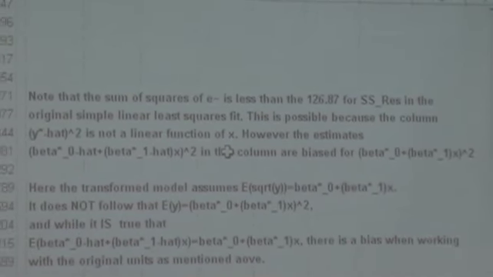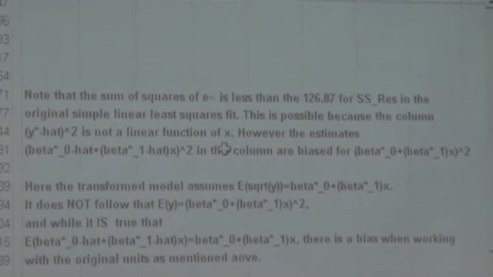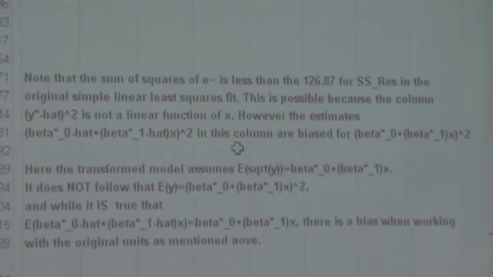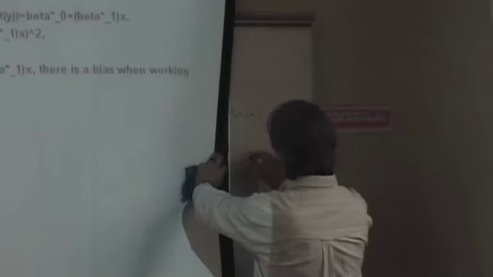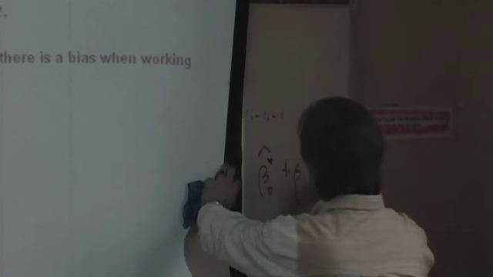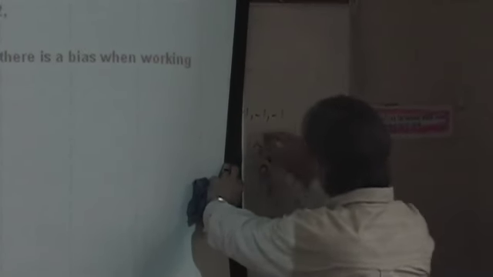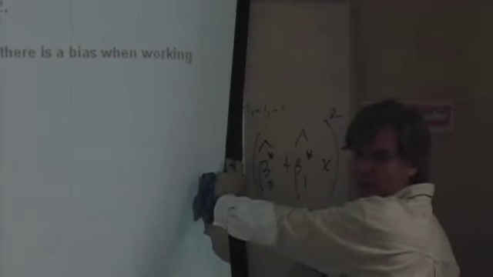This is possible because the column y star hat squared is not a linear function of x. It's some beta 0 star hat plus beta 1 star hat x, all squared. That's not a linear function of x anymore.